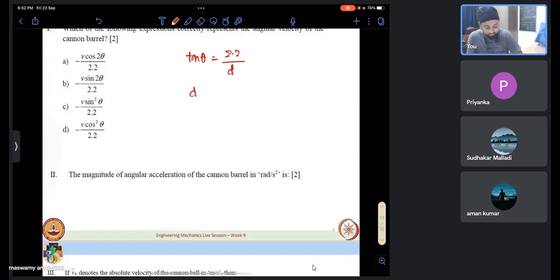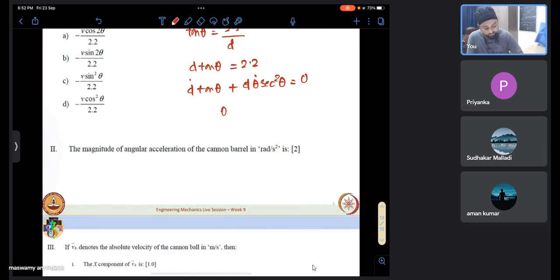So d tan theta is 2.2. Taking the derivative, d dot tan theta plus d theta dot secant square theta is 0. So theta dot comes out to be minus d dot tan theta upon d secant square theta.